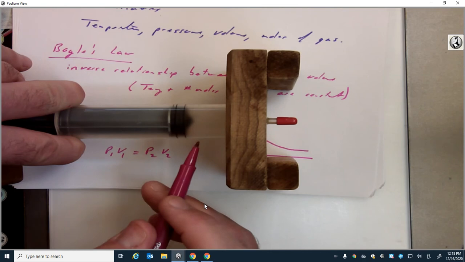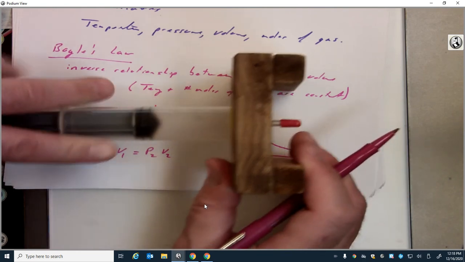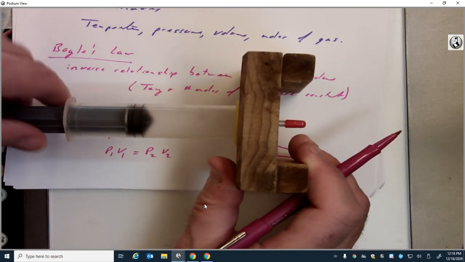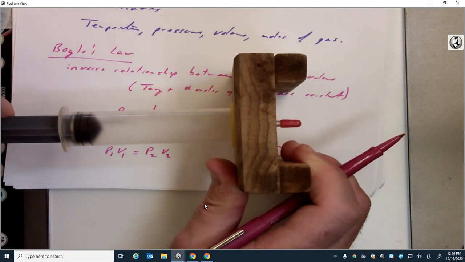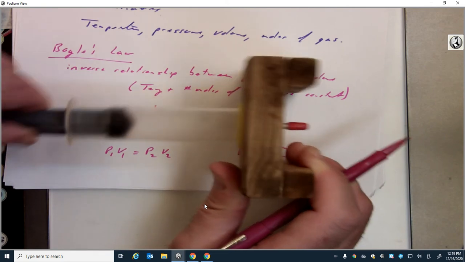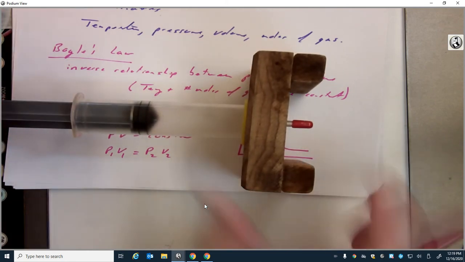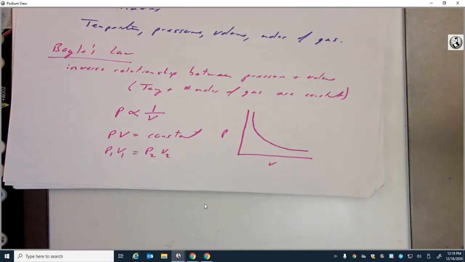So this would have 2 atmospheres in there. Let's say that I double my volume, which means it would halve my pressure. So now I would have half an atmosphere of pressure in there. And that's what this equation is actually giving us. And this is called Boyle's law.